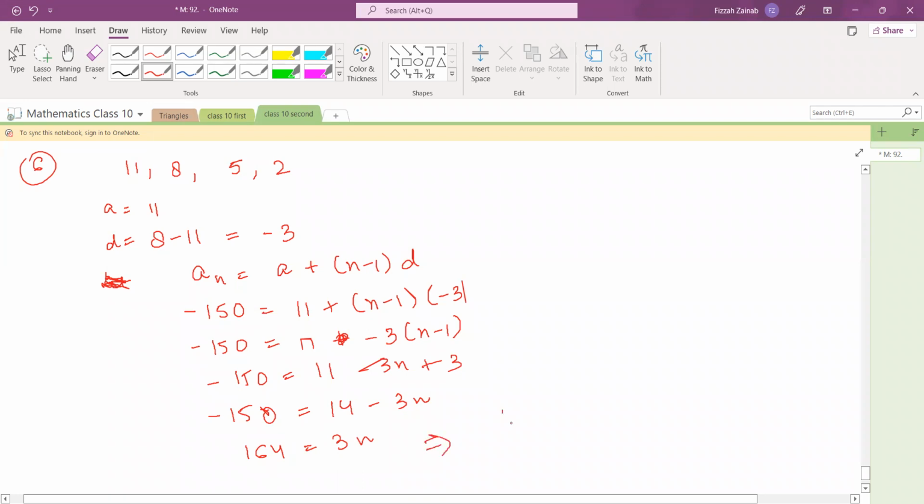So n will be 164 divided by 3, which is like 3 into 5 is 15, then 14. So 3 into 4 is 12, then 2 remainder. It is coming like this, 54 2 by 3. Please check the calculation. I mean, it's not a positive integer, right? Which is not a positive integer.